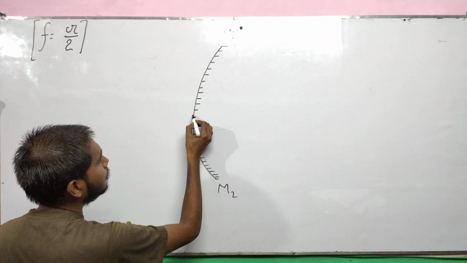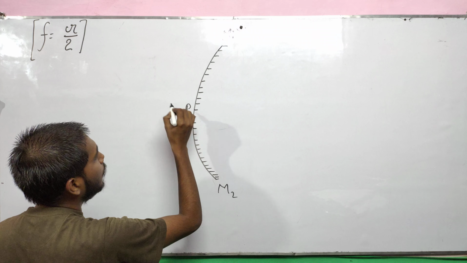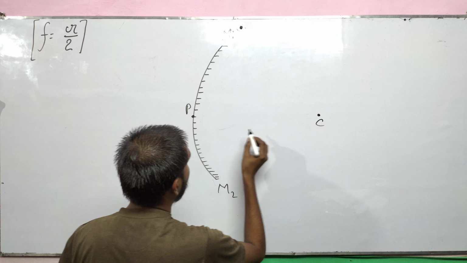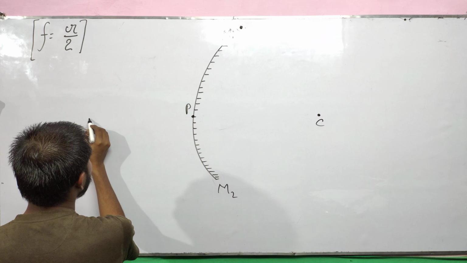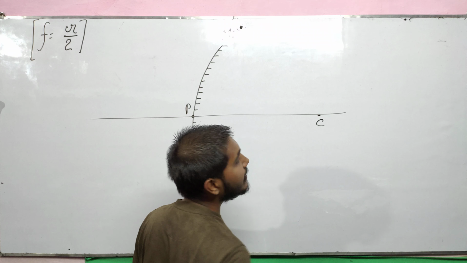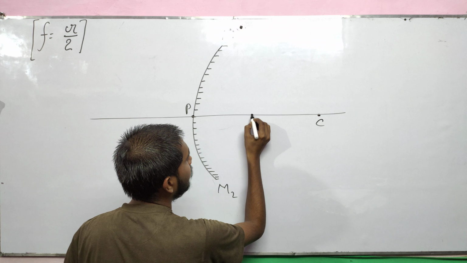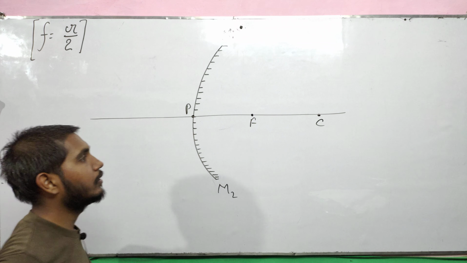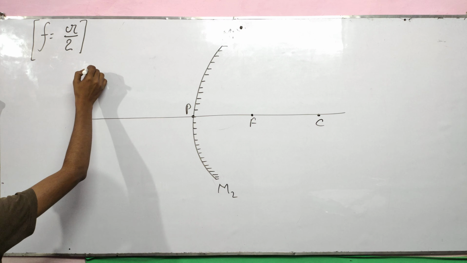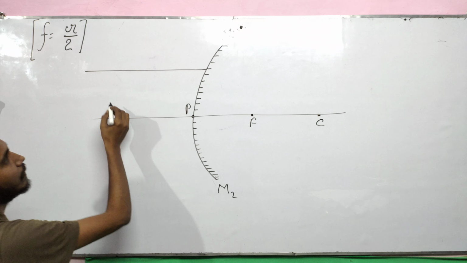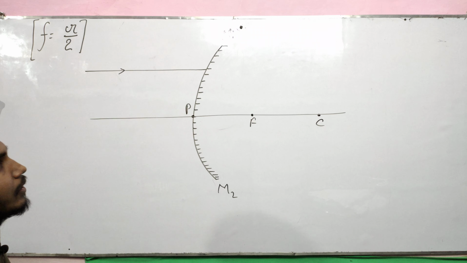Now this is the pole, center of curvature, principal axis and focus point.